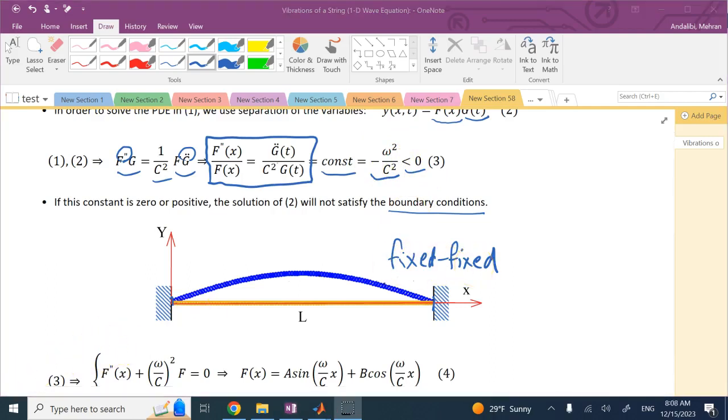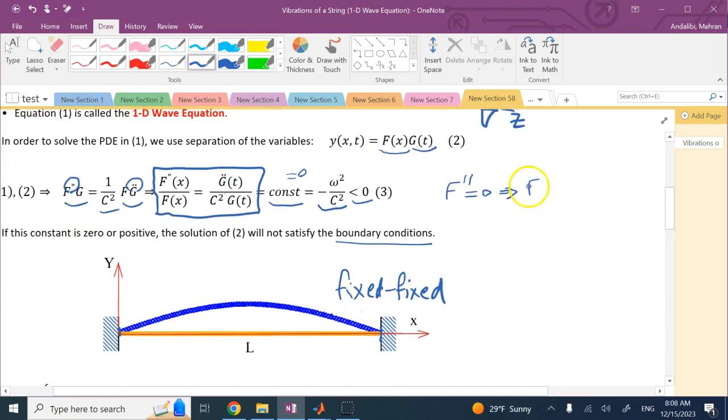Okay, now why is it that 0 and positive will not work? Well, let me show you. Here, if we assume this constant equals 0, then f double prime over f is 0, so it means f double prime is 0. And when f double prime is 0, that means f is a linear function of x, like ax plus b.